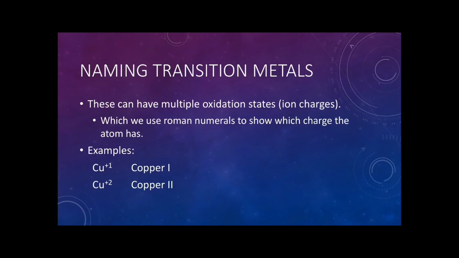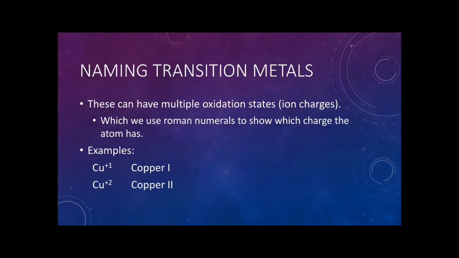So we use Roman numerals to show which charge the atom has. And we determine that by, if we're doing just the monoatomic ion, it'll tell us its charge, or it'll have the Roman numeral. But if we're naming it in a compound, then we figure that out by looking at the subscripts, figuring out how many atoms it has, and the atoms of the other elements in the compound.